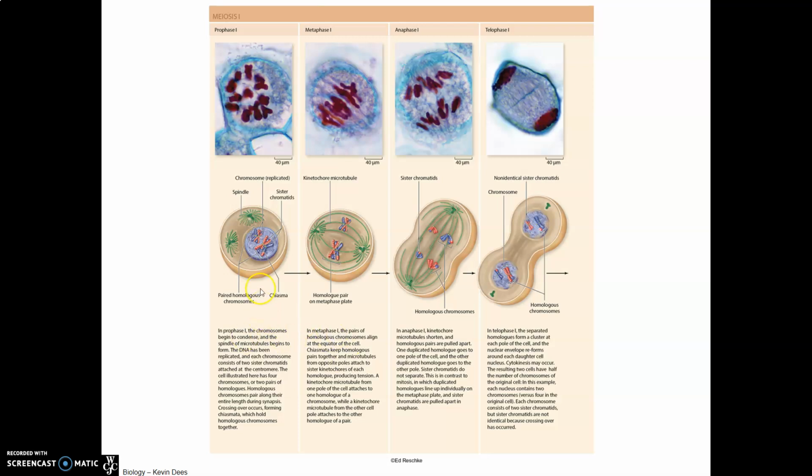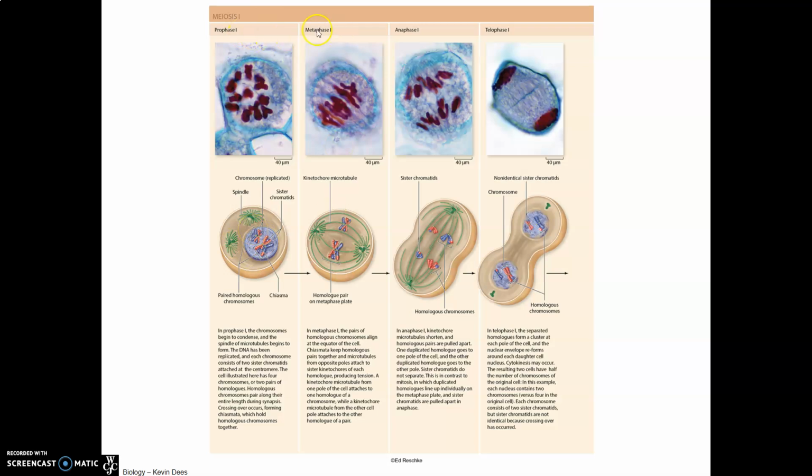But basically what's going to happen is this: at this point of crossing over, called the chiasma, these non-sister chromatids will actually swap pieces, making some brand new combinations. Right? So this is one of the main differences between prophase 1 of meiosis and prophase of mitosis.